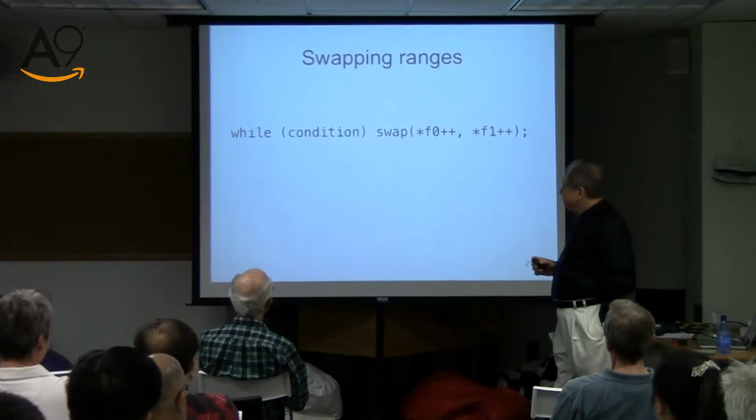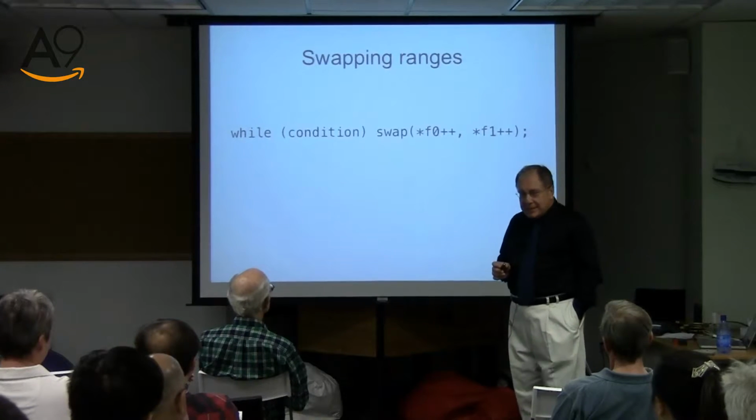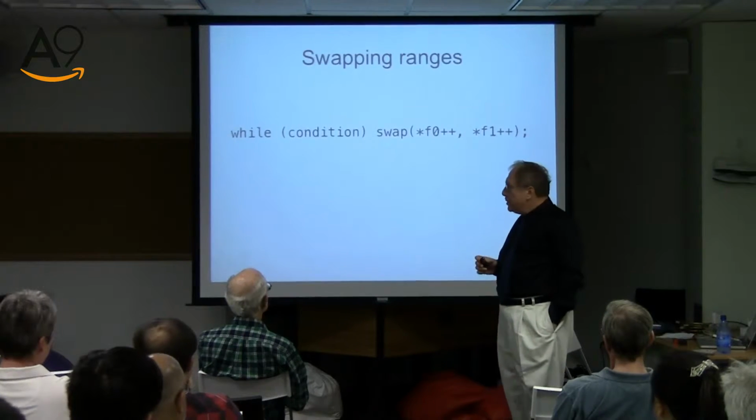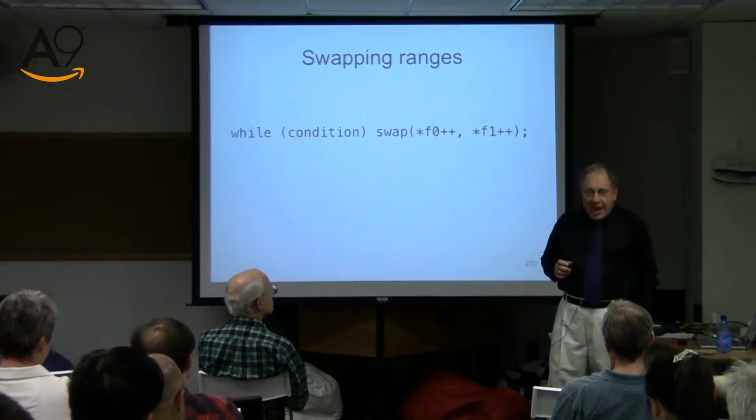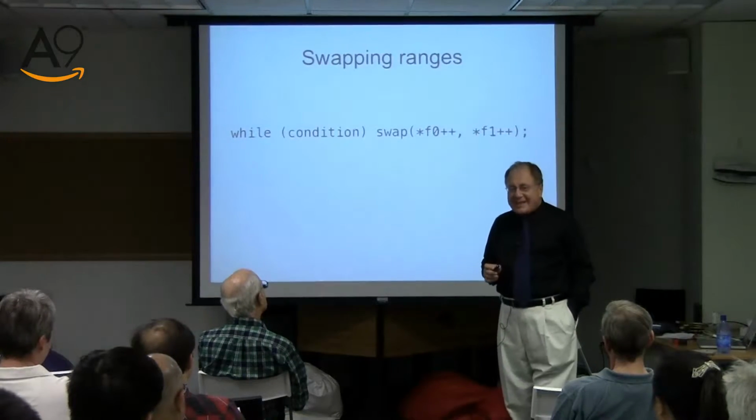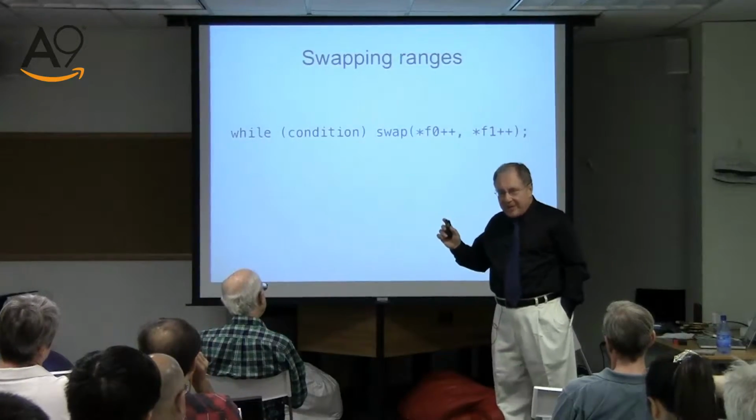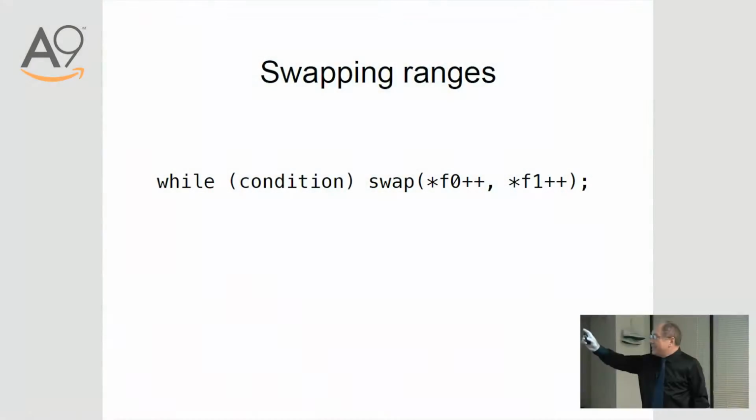And we will start looking at some very particular piece of code. I heard the term software patterns. There is a book. I don't know what these people are talking about, but this is as close as I know to a software pattern. Something like: while condition, swap some pointer with some other pointer.